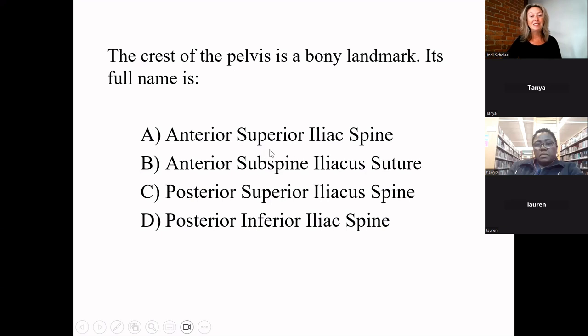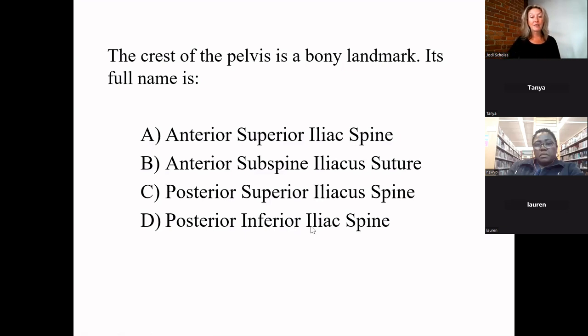We can take out B because subspine suture is not a name. And PIIS is not a thing either. Remember, it's PSIS, posterior superior iliac spine. So we can take out B and D, which leaves us A or C.